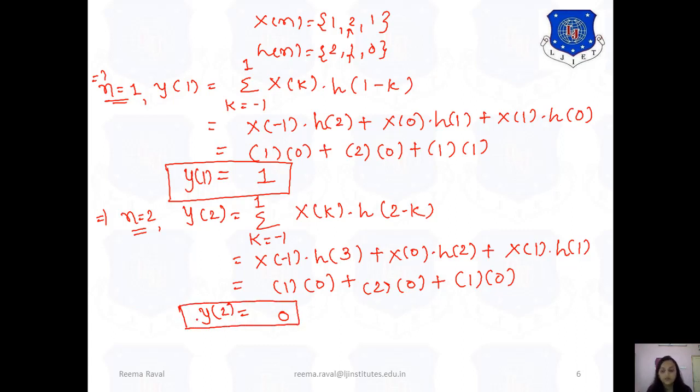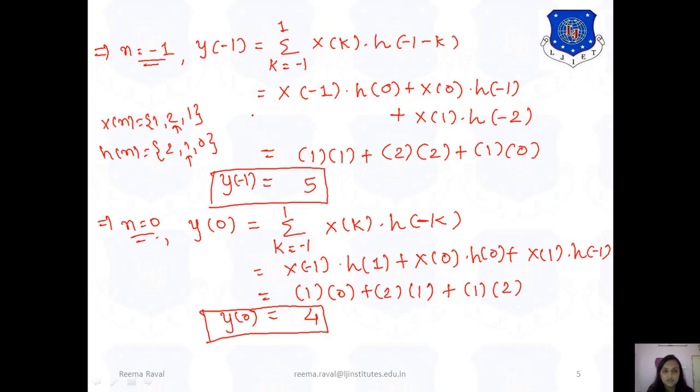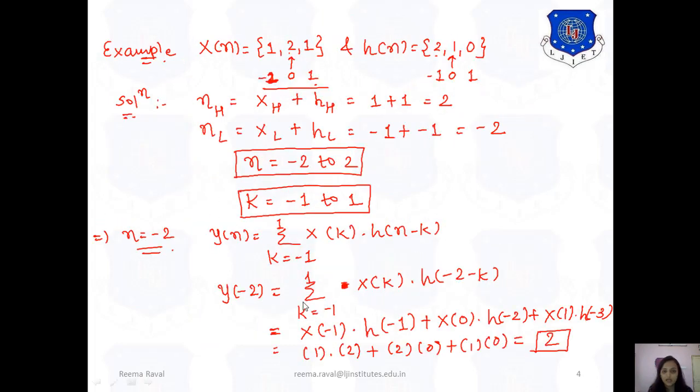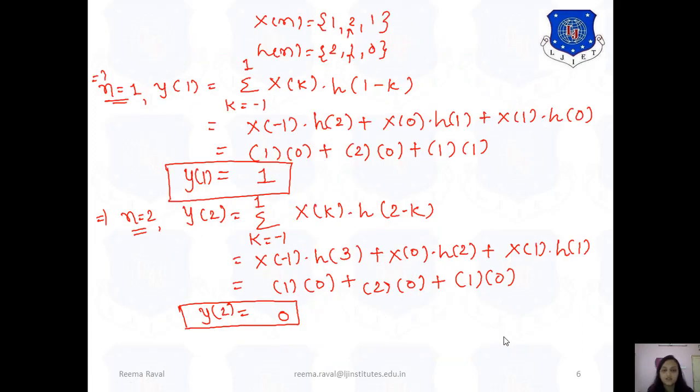Alright. Now we need to write down the answer according to the values we have obtained. So the answer, y of n, has values ranging from minus 2 to 2. So let's see these values. We have obtained, for n equals minus 2, the values 2, 5, 4, 1, 0.